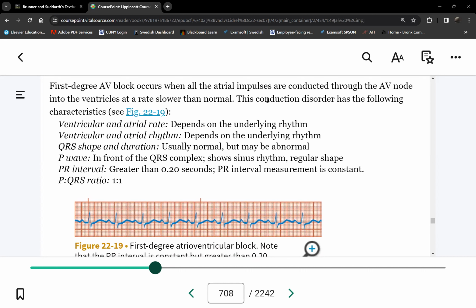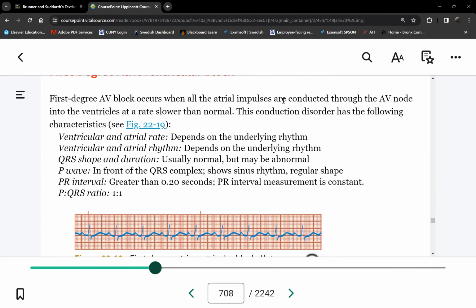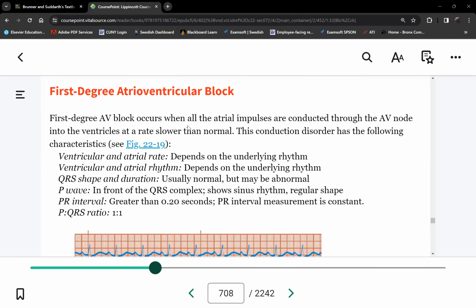The only problem here is, again, it's delayed. So the PR interval is simply longer than 0.2 seconds. Most of the other characteristics are really normal, except for the rate. So the QRS is okay, but the PR interval is greater than 0.2 seconds.